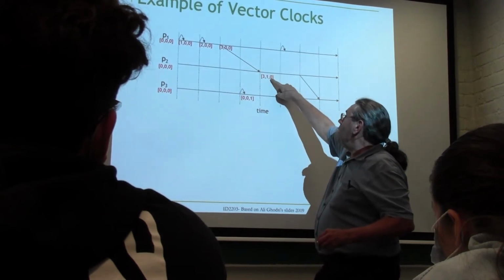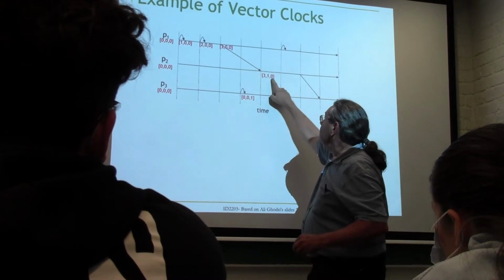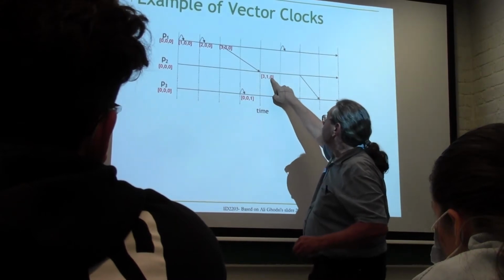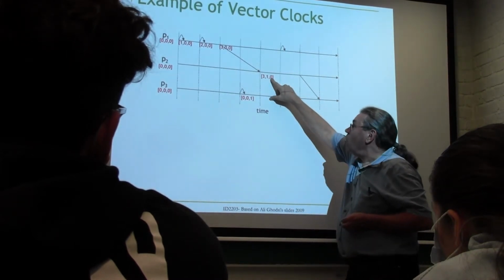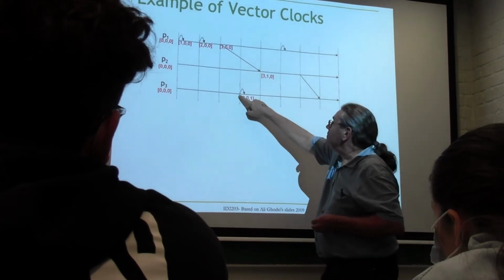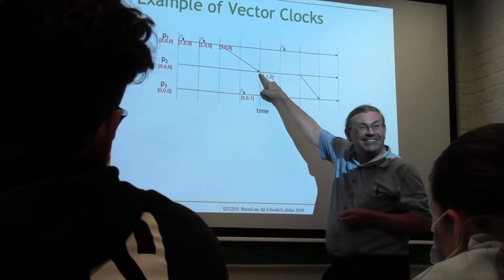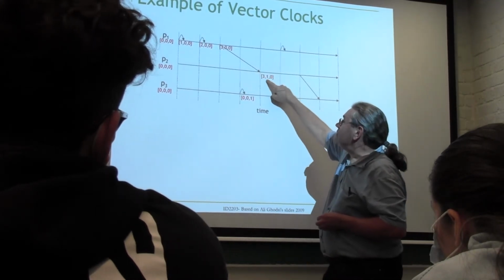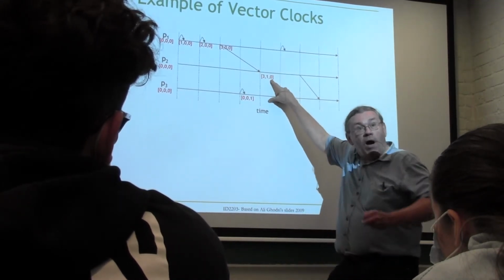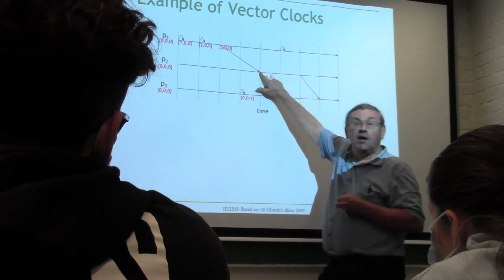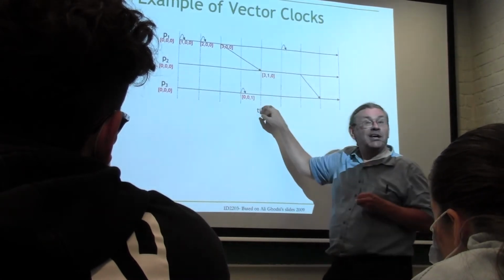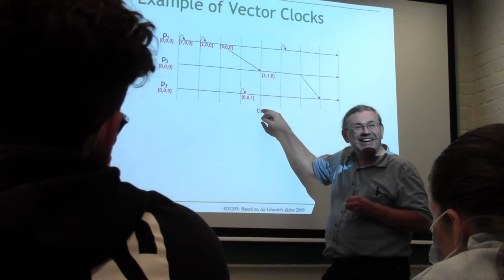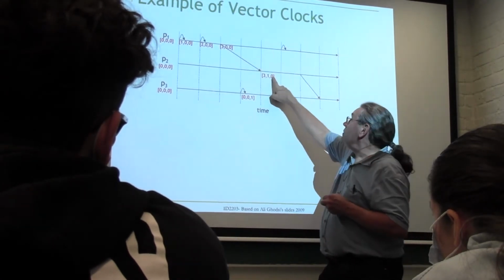Yes, it is true, because this is all the events on P3 that we know are less than this. This event is actually concurrent with this one. There's actually 0 events on P3 that we know have to be before this one, because we didn't receive any messages yet. See how it works? So this 0 is correct.